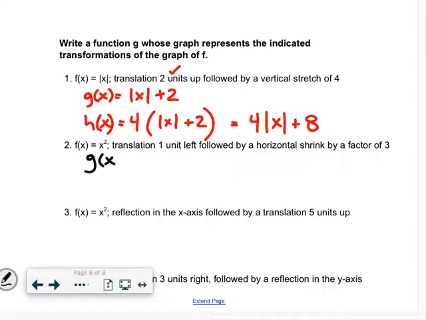G of x equals what would it look like to say 1 unit left? X plus 1, quantity squared, very good, thank you. To say h of x, we now need to shrink it by a factor of 3 horizontally. We're going to do what? A 1/3 on the inside next to x.